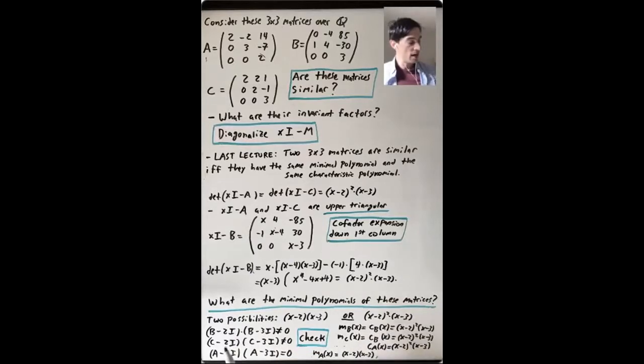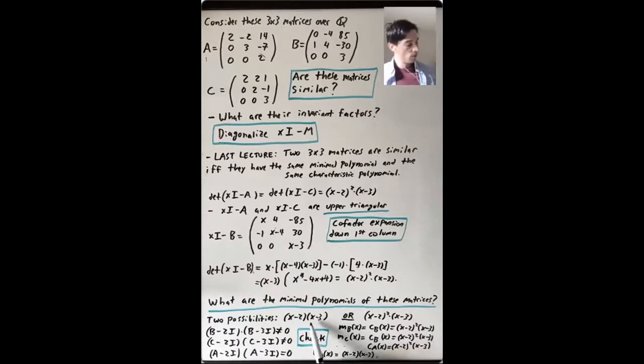So every irreducible factor of the characteristic polynomial also needs to be a factor of the minimal polynomial. All right, so there's two possibilities. Either the minimal polynomial is (x minus 2) times (x minus 3), or it is the characteristic polynomial (x minus 2) squared times (x minus 3).